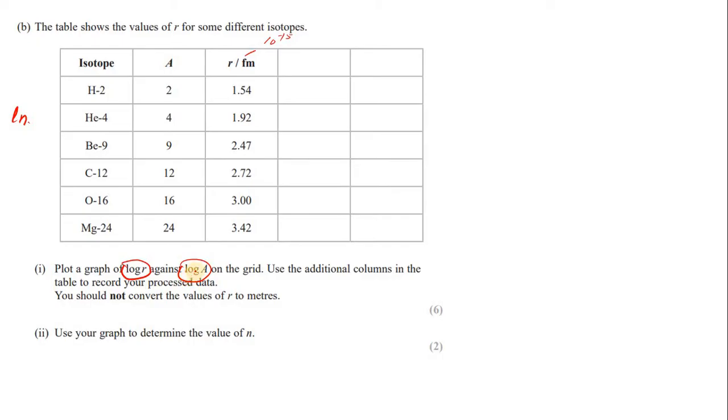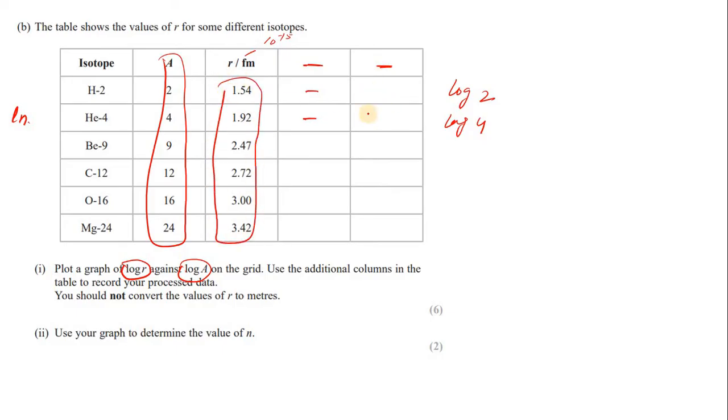Once you do that, first of all you need to fill in the heading columns, and then you take log of A, so log of 2, log of 4, whatever the numbers are. Take log of A and write it here, and then log of r, and put all these numbers here.